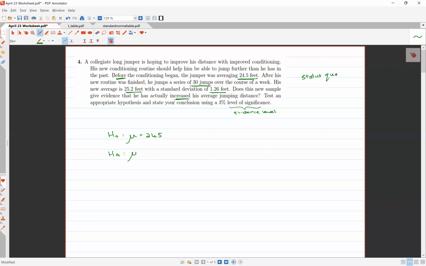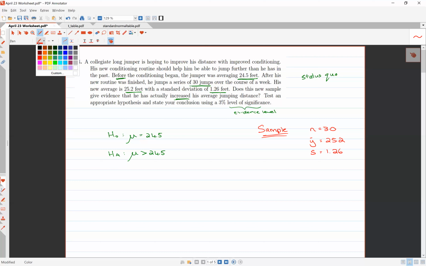If we say there's been an increase, that means the new average will be bigger than 24.5. Now, what does our sample data say in this case? The 30 jumps represent our sample, and those have an average of 25.2 feet, and the sample has a standard deviation S of 1.26 feet.